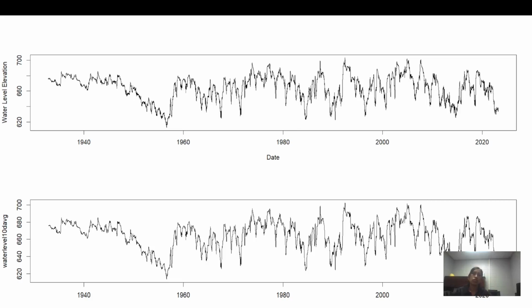So the first 9 values will be missing, and the time series data will be smooth.